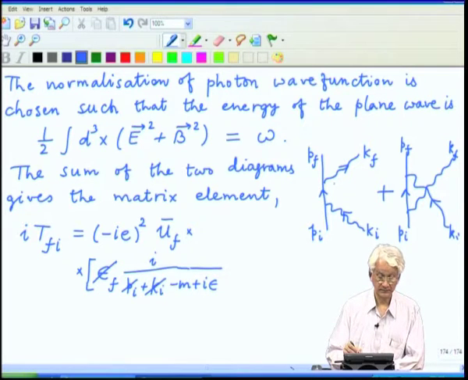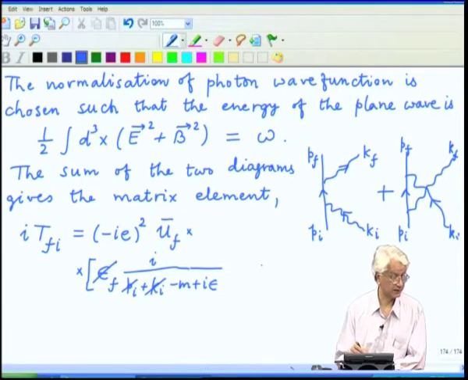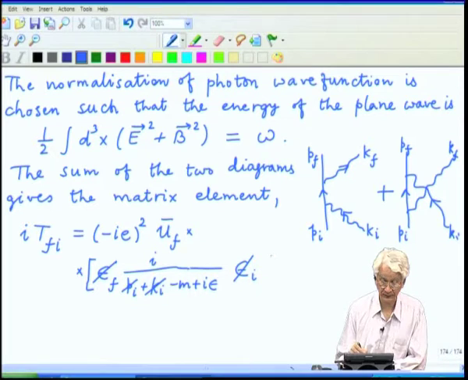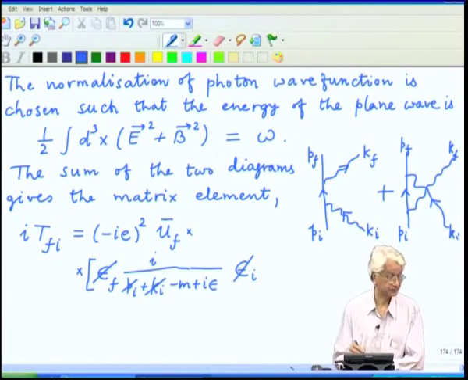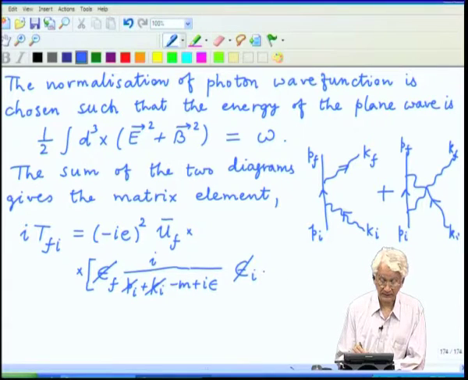So, that is the propagator, and then there is a second vertex again contracted with the A mu. So, it gives epsilon i slash, and that is the first diagram.